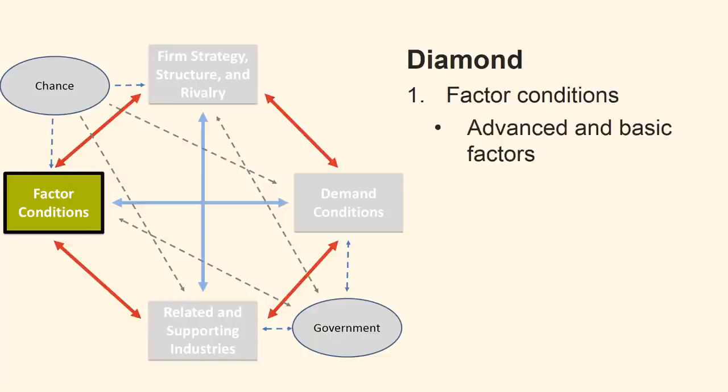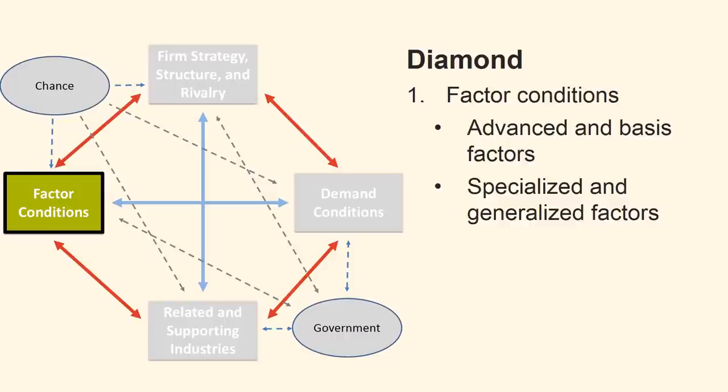The first demarcation is between advanced and basic factors. Advanced factors of production are skilled labour, knowledge, capital and infrastructure. Basic factors, such as unskilled labour and raw materials, can be obtained by any company and do not generate competitive advantage.